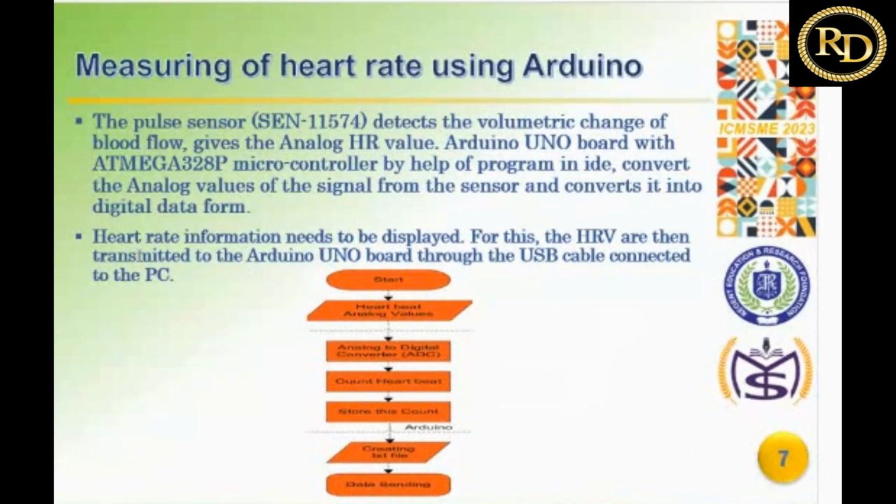For this purpose, a low-cost Arduino microcontroller has been used with the ATmega328P microcontroller IC. And this Arduino reads the analog values of the signal from the pulse sensor and converts it into digital form for further processing. This is the flowchart of the total process to collect the heart rate value.